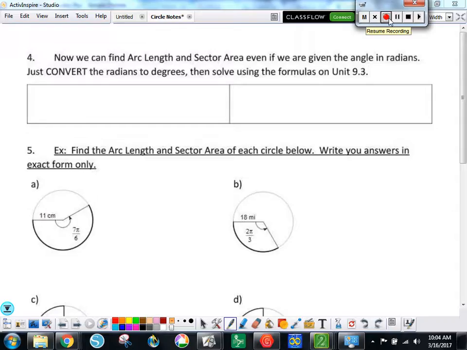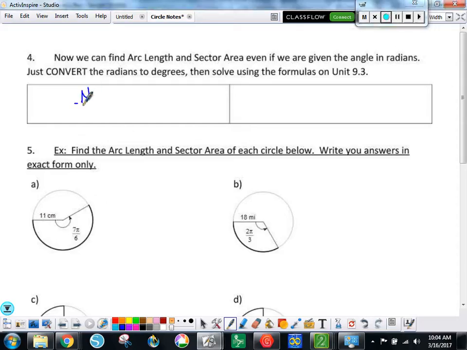Record. Now our goal is to do the same thing that we did last time. The only difference is we are given a measurement in radians instead of degrees. Our formula is the same. Don't forget the formula.